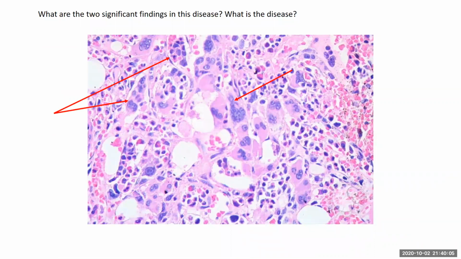So what are the 2 significant findings that you see here? And what is the disease process? So first, let's take a look at the megakaryocytes. Do these look normal? What's the morphology? Are these the cloud-like ones?